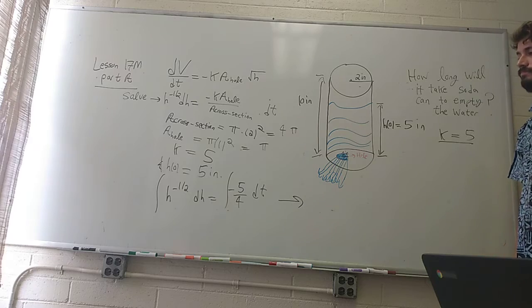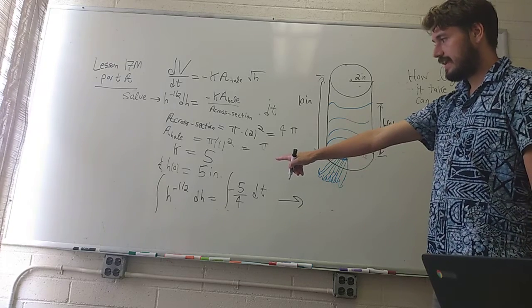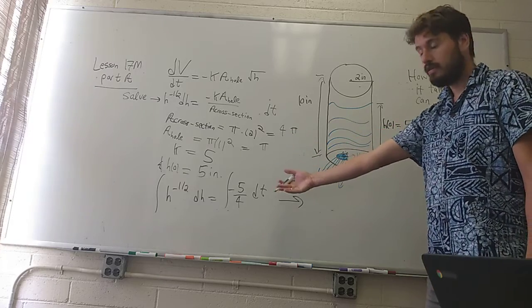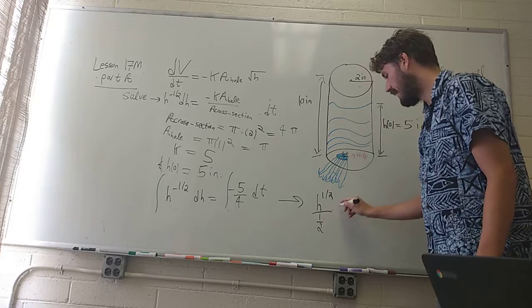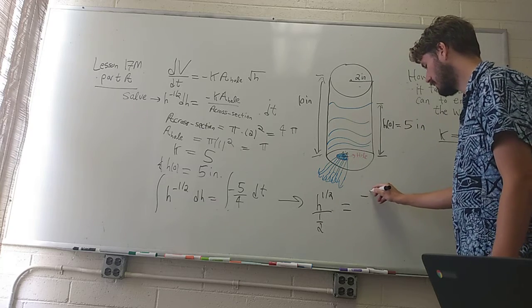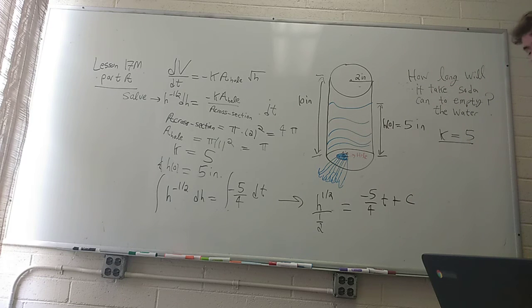Solving for h. Well, what's the antiderivative of h to the negative 1/2? We just use the power rule, it's h to the 1/2 over 1/2, which equals negative 5/4 t plus c.